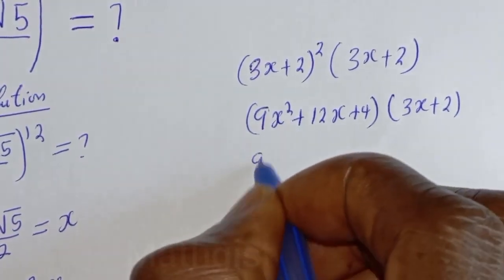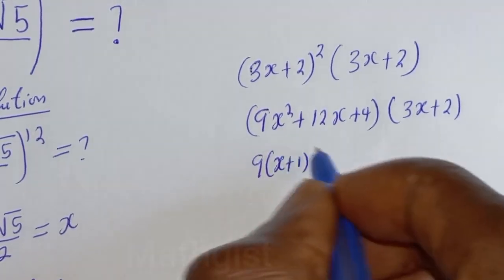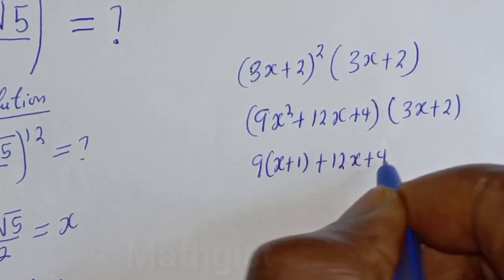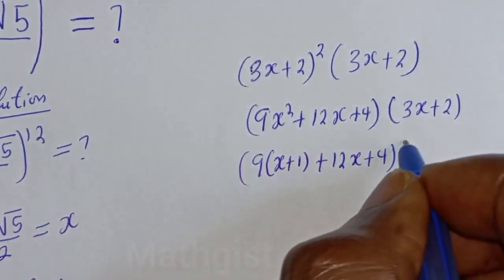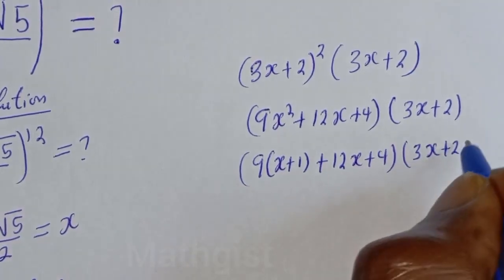This is 9(x + 1) + 12x + 4 multiplied by 3x + 2.